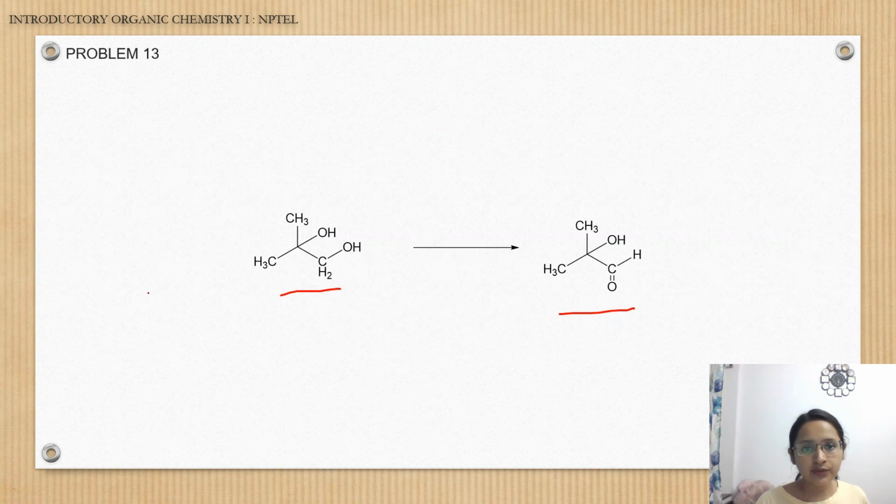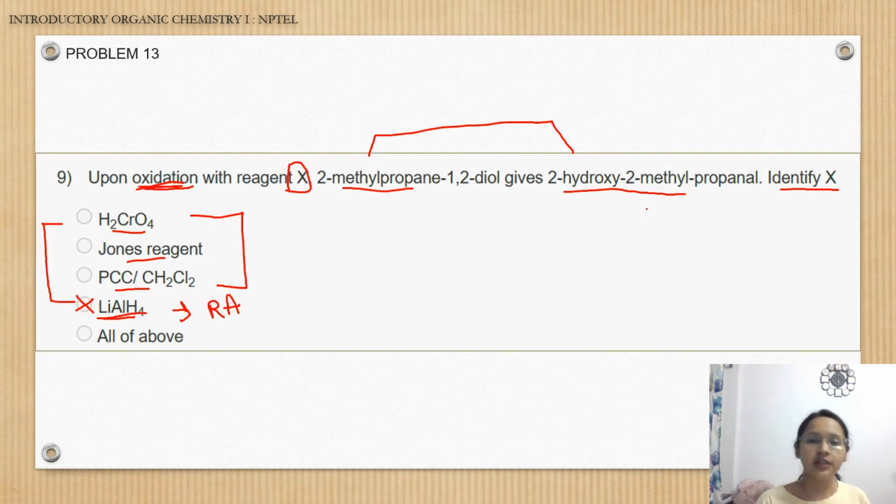And the condition is you have two hydroxyl groups, the first is primary and the second one is tertiary, and only one hydroxyl group is getting oxidized, while your tertiary group stays as it is. So now which particular reagent will give you this kind of selectivity?